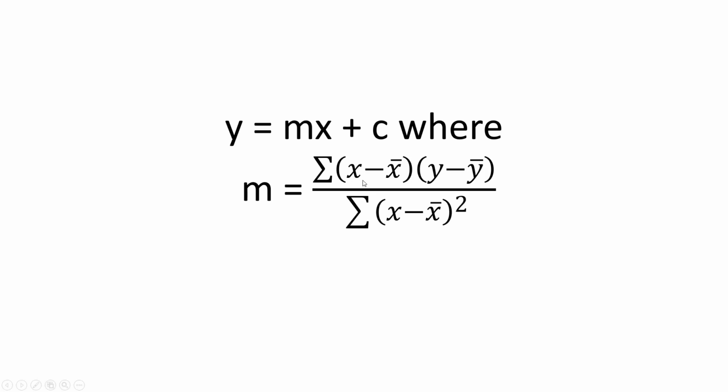So here if you see, we have x minus x bar, y minus y bar, and square of x minus x bar. So first we need to find out these values. X means the data points on the x-axis and x bar means the mean of x. Similarly for y minus y bar, y means the individual data point and y bar means the mean of y.